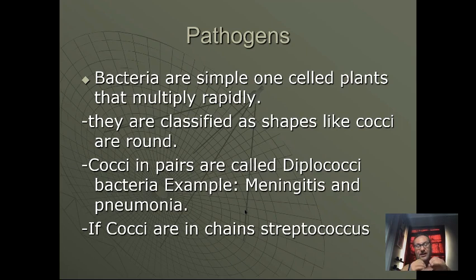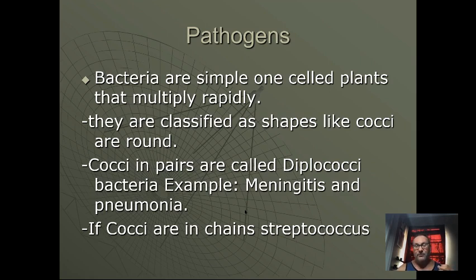As these cocci keep growing and developing, they can create groups like clusters. And if cocci are in chains, that's streptococcus. You guys have heard of strep before. That's all it is, a bunch of little cocci, little circles together.